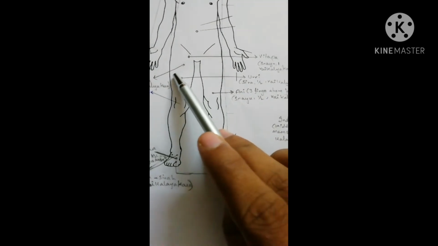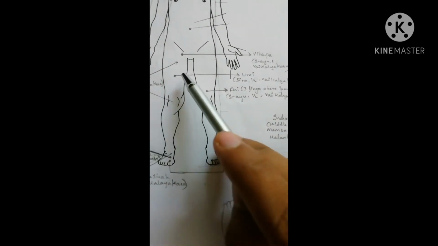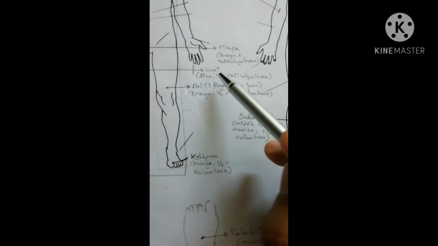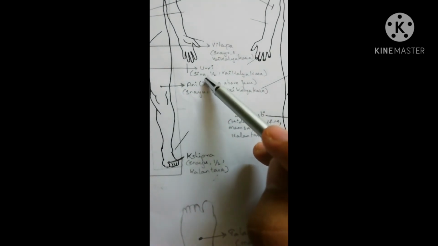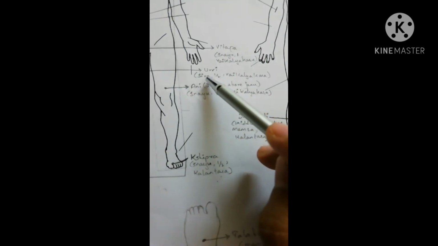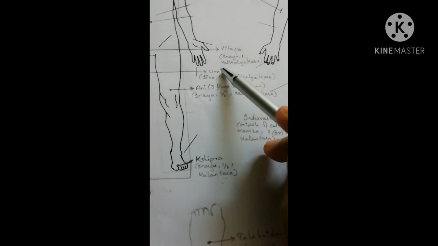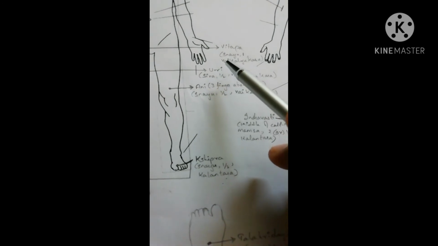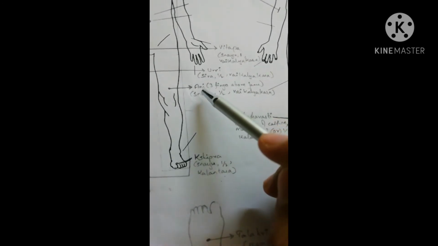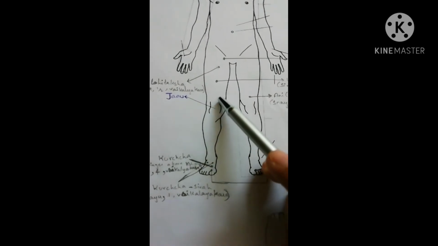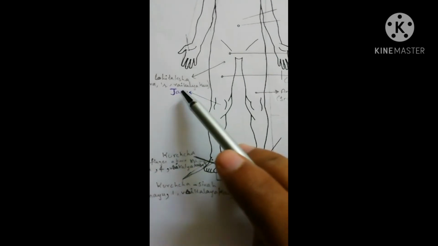Urvi is derived from the word Uru, meaning thigh. It is a Sira Marma, half anguli, and a Vaikalyakara Marma. Here the thigh marma is a Sira Marma, whereas Ani Marma is a Snayu Marma. You can see the anterior side where we can find Janu.